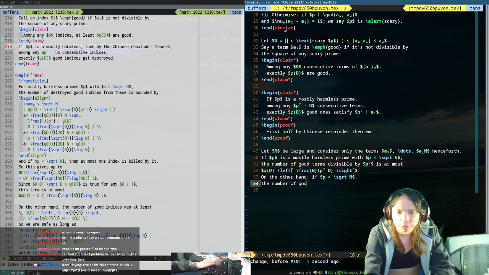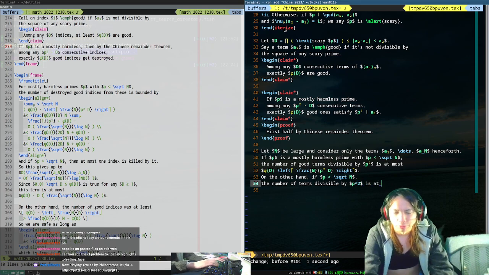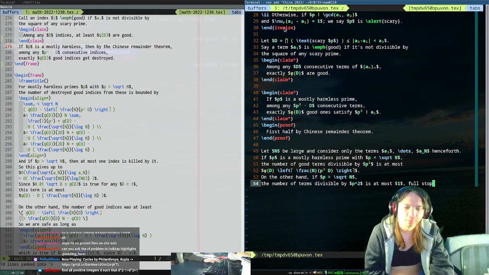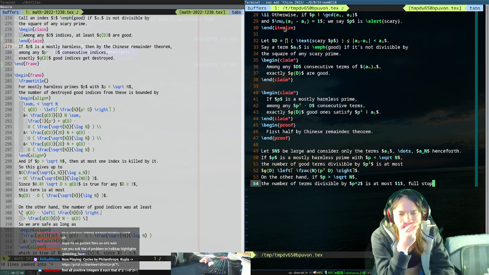The number of good terms divisible by p squared is at most 1. Full stop. Because of the spacing, right? Yeah.